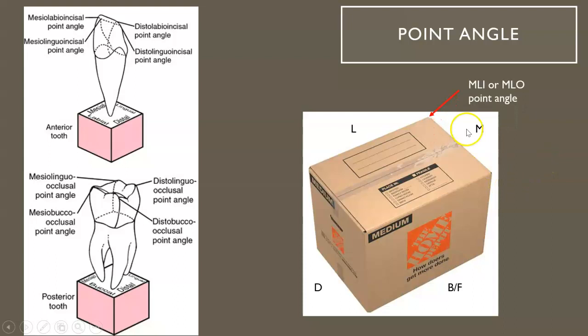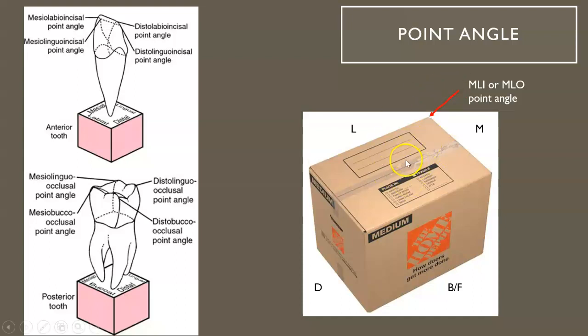So this is where three surfaces are coming together: your mesial, your lingual, and your occlusal. The way to think of it, if you were to look at a room, it's the corner of the room where you have two walls and the ceiling come together. That is basically considered your point angle.